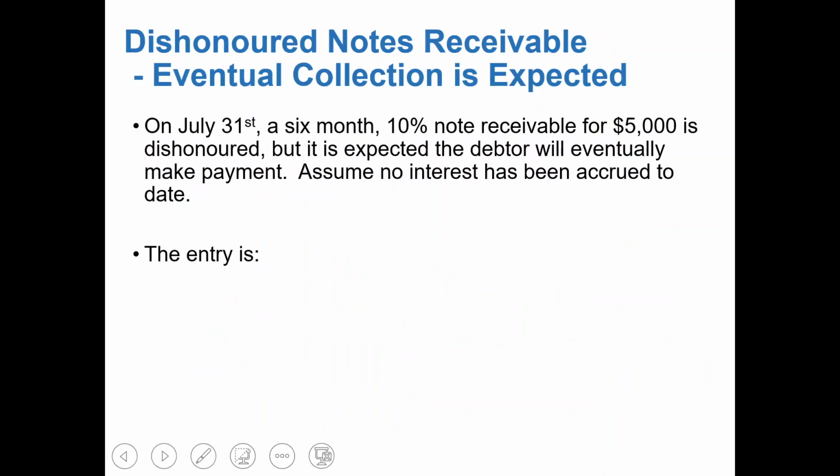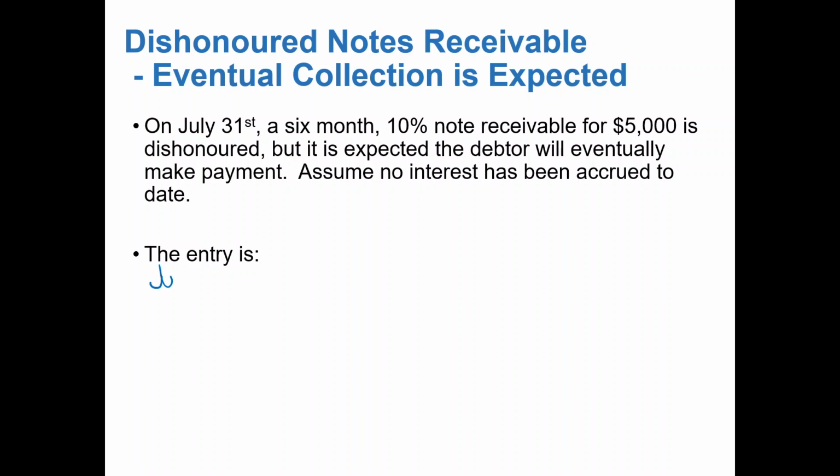So let's look at a couple examples. The first one here says on July 31st, a 6-month 10% note receivable for $5,000 is dishonored, but it is expected that the debtor will eventually make a payment. So we eventually think we're going to collect this amount. We need to assume that no interest has been accrued to this point.